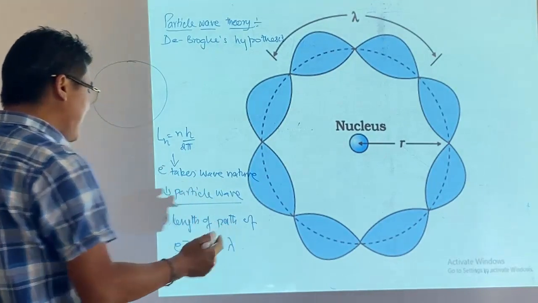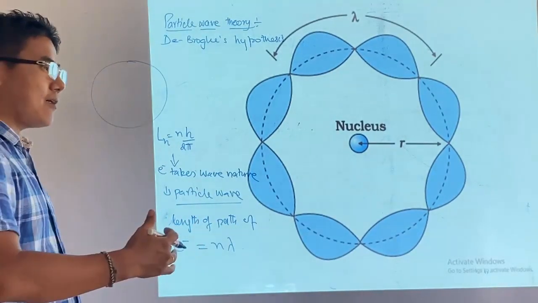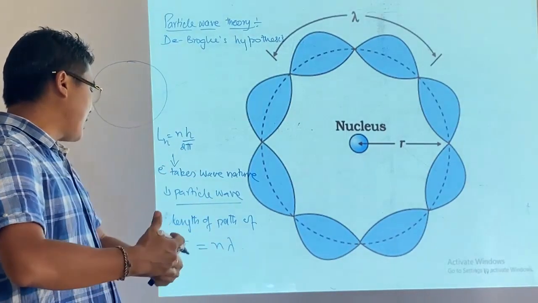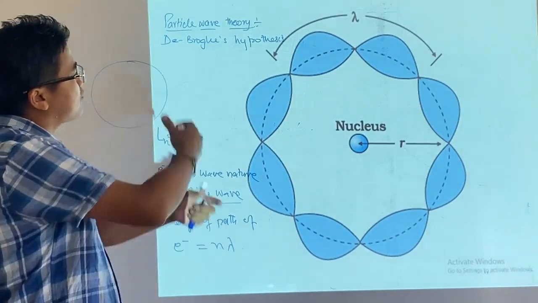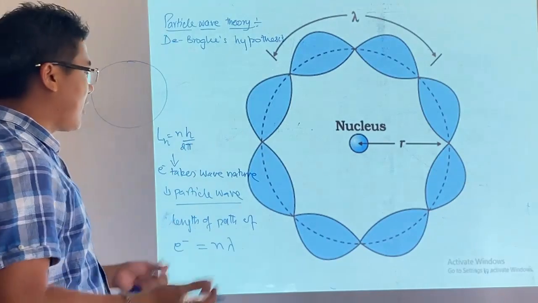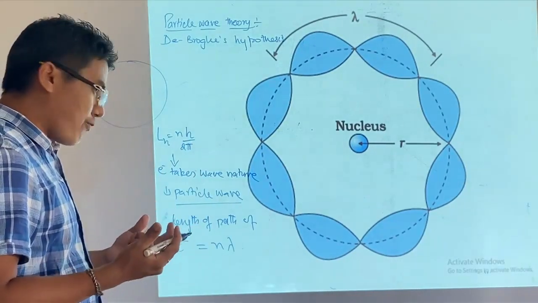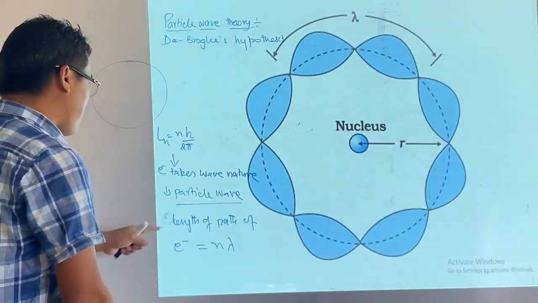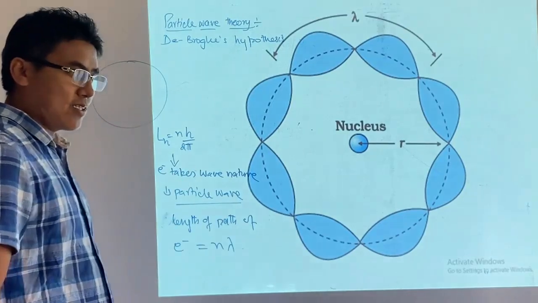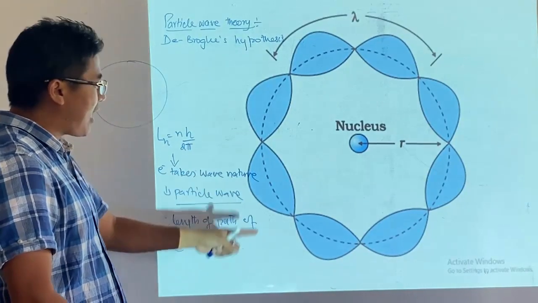Since the electron takes a wave nature, it exhibits itself as a standing wave, very much the same as the standing wave done in class 11. So the electron can take those wavelengths such that the path length of the electron is equal to an integral multiple of the wavelength: 1 wavelength, 2 wavelengths, 3 wavelengths, and so on.